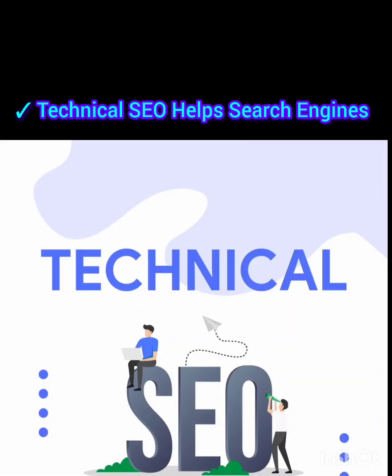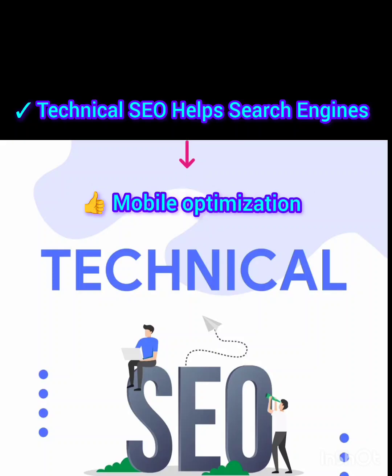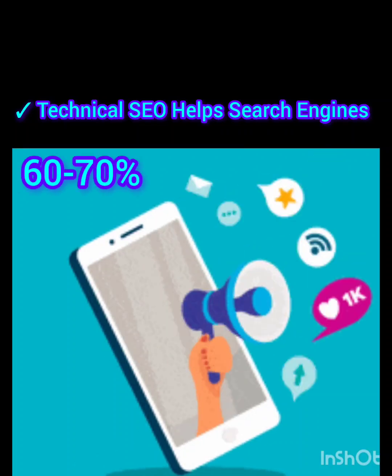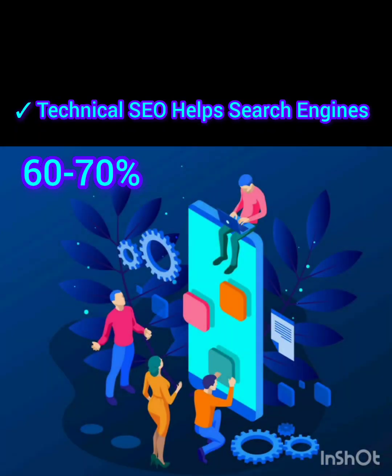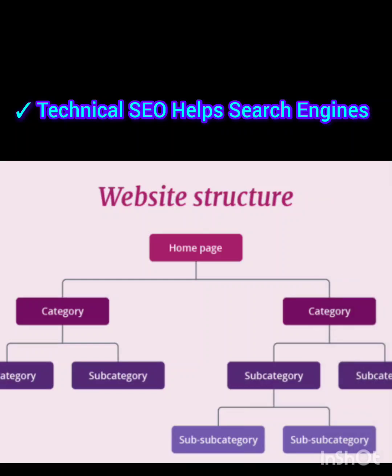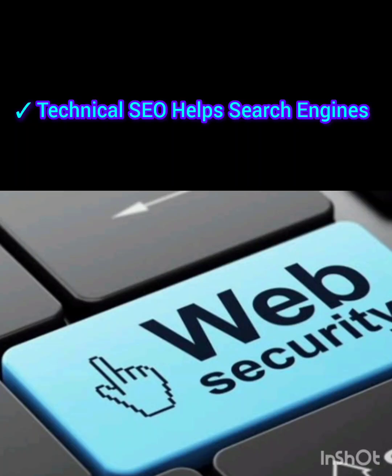Its main types include crawling, indexing, site structure, speed optimization, which is very important, mobile optimization, because like 60 to 70% of your audience would be using mobile and searching on mobile devices, so it's very important that your website is optimized for mobile users.